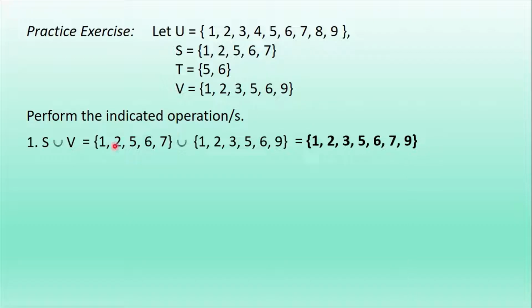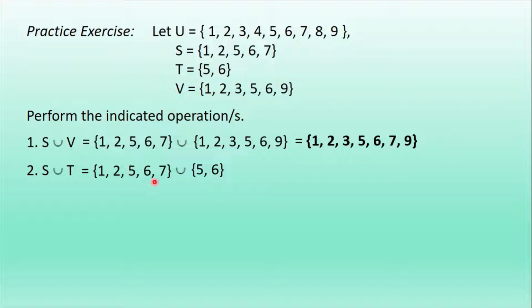Okay, the common elements are 1 and 2 and 5, and of course 6 also. Then yung naidagdag is 7 and 9. Okay, next we have sets S union T. So itong dalawa naman. So we have the elements of S union elements of T, which are 5 and 6.